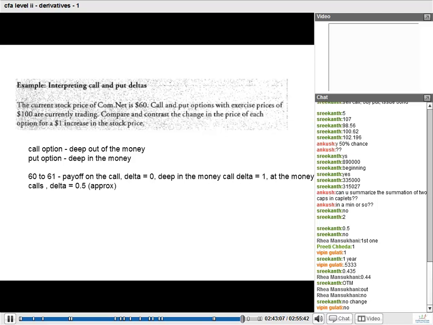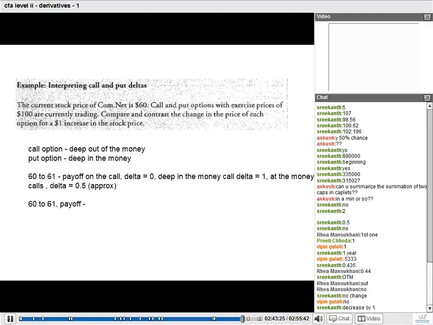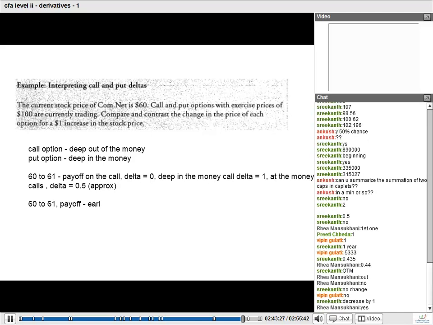Now let's understand for a put option first. Same thing happens. 60 goes to 61. What will happen to the payoff on the put option? Will the payoff decrease by $1? Earlier, how much was I getting? I could sell it at 100 and buy it at 60.